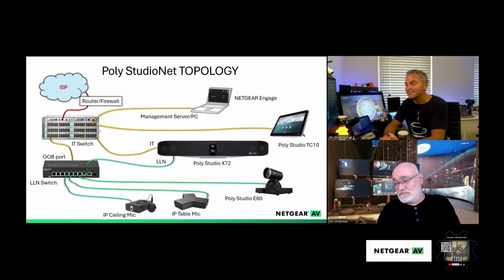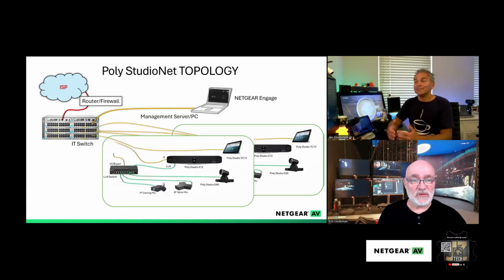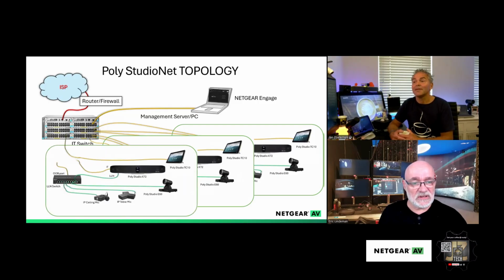Yes. Okay. Now we have the situation where you have multiple meeting rooms, and that's also doable because every time you create a new meeting room, you can connect it the same way to the IT environment, only with 3 cables, like here in yellow, and you can scale out on the demand of the building itself, and you still have one point of management from the Engage PC for all those devices.